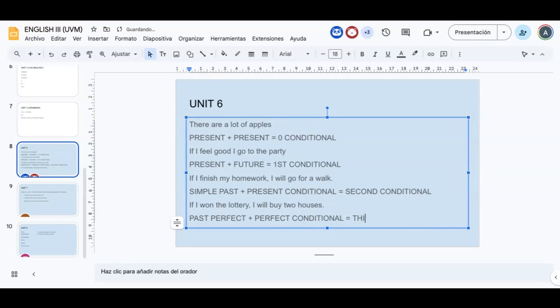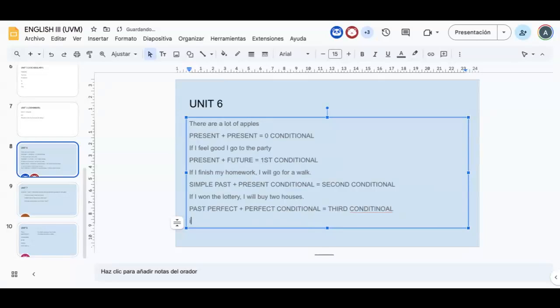This is the third conditional, which is if I had known his number, I would have called him.